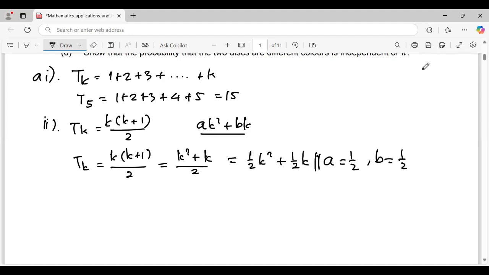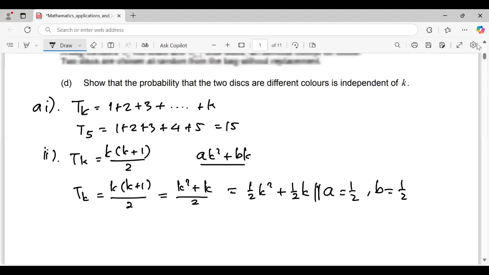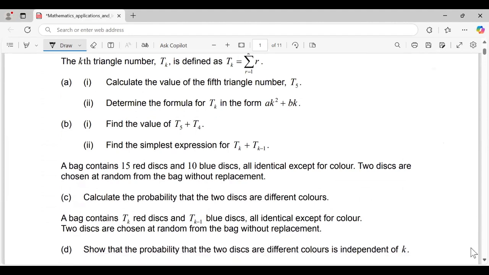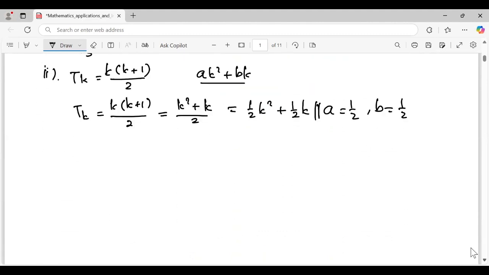Next question. Find the value of T5 plus T4. T4 equals 4 times 4 plus 1 divided by 2. It is 10.